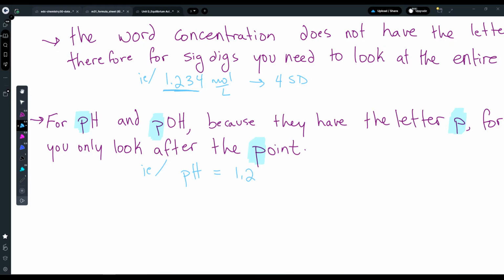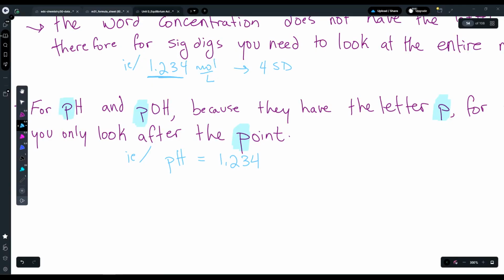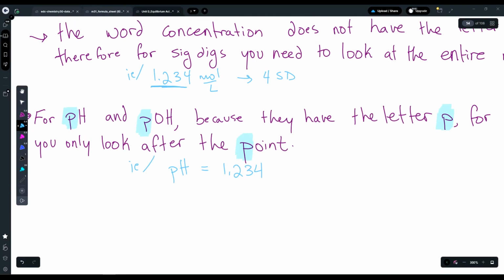So let's take that same value, 1.234. Now remember, pH and pOH do not have units. But if we look at this value for pH, because it has a P in it, you only look after the point. By point, I mean decimal point. So this value, because it's pH, would have 3 sig digs because those are the significant digits after the point.